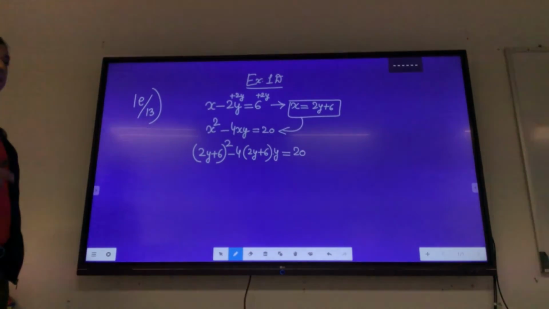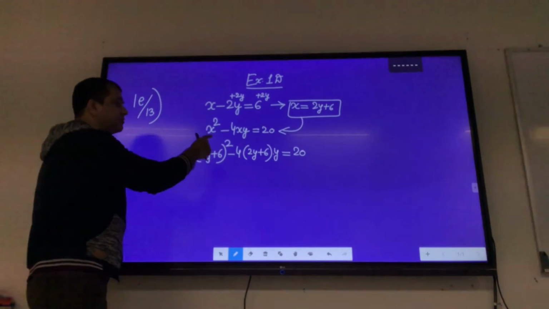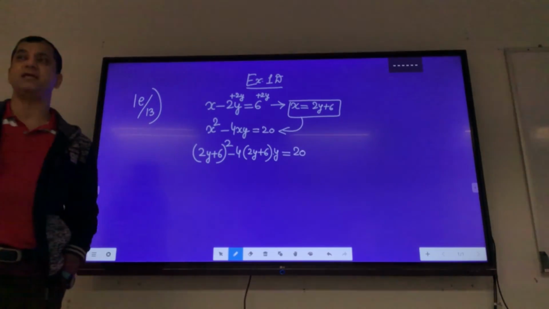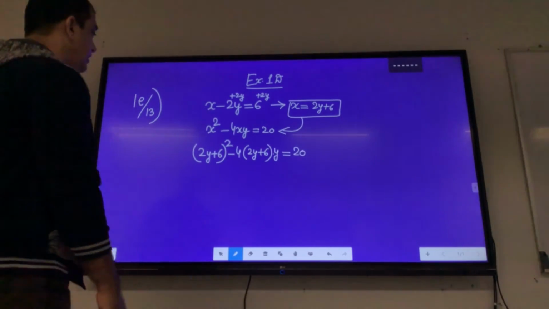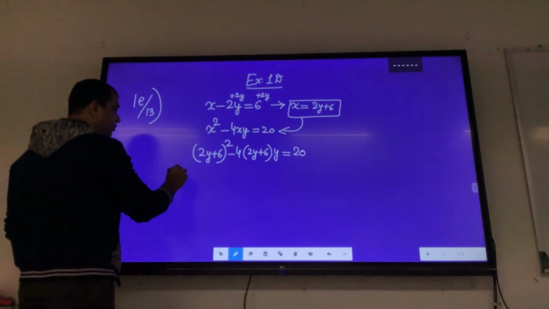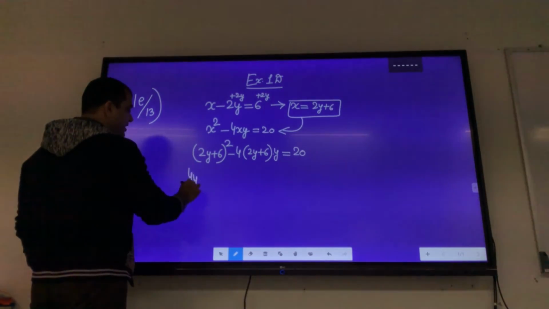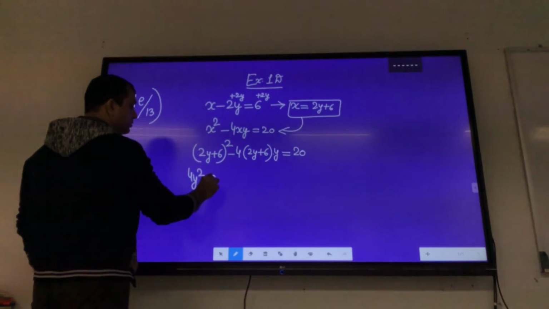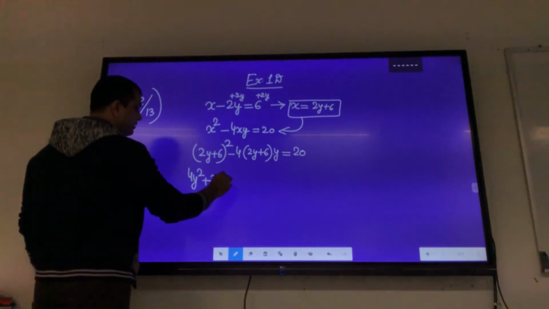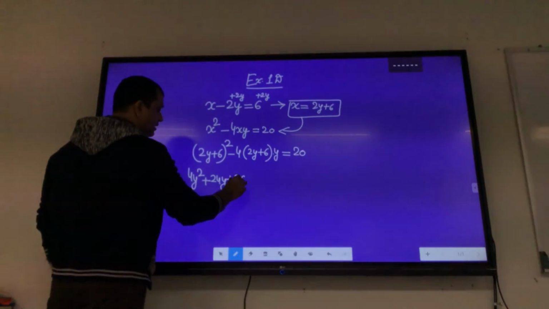Now simplify further. (2y plus 6) squared is (2y plus 6) times (2y plus 6). By the FOIL method, you will get 4y squared plus 24y plus 36.